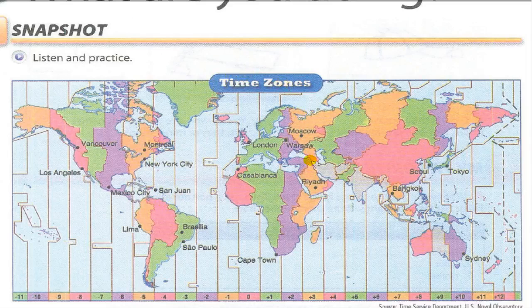Example. In Egypt it's 2 o'clock. In Riyadh, in Saudi Arabia, it's 3 o'clock. بيختلف الوقت باختلاف الدولة والمكان. Let's start to listen. Listen and repeat.